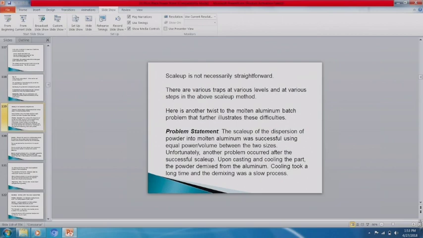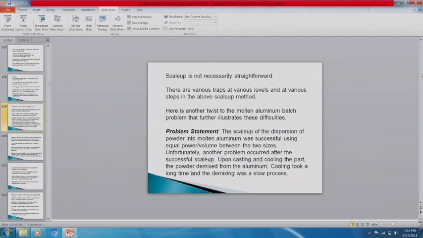There's another twist to the molten aluminum batch, which further illustrates the difficulties. Scale up of the dispersion of powder was successful using power per volume between the two sizes. Unfortunately, another problem occurred after a successful scale up. Upon casting and cooling, the powder demixed from the aluminum.